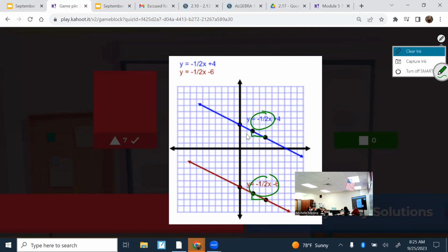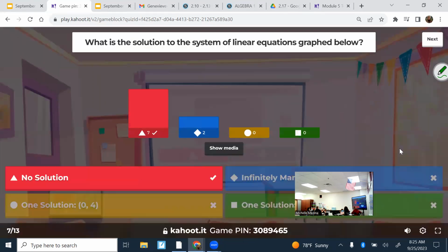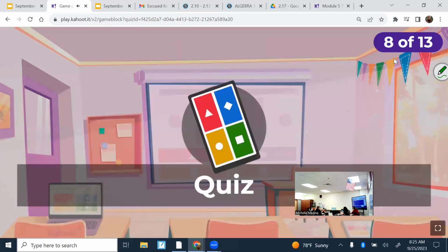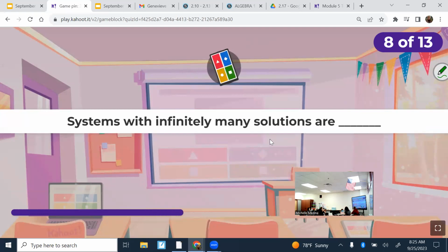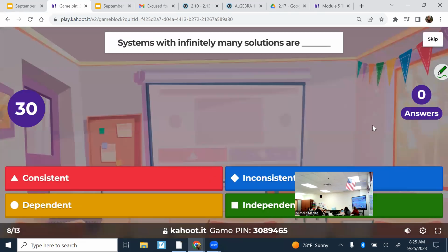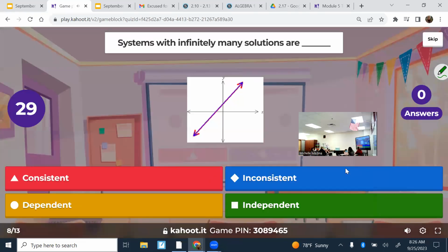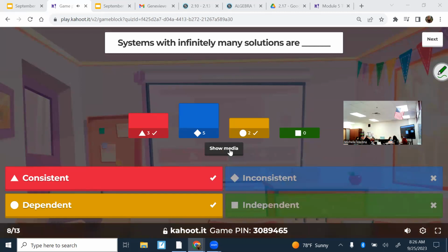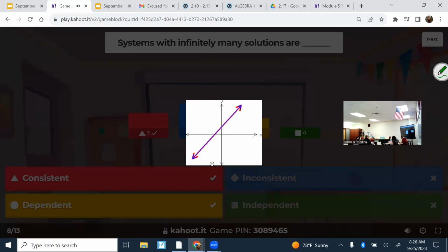All right then. So then on to the next one. Systems with infinitely many solutions are what? Another vocab one, just do your best. Okay, so consistent and dependent when it's infinitely many.